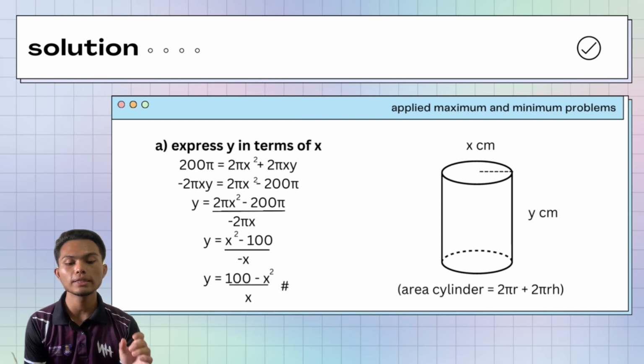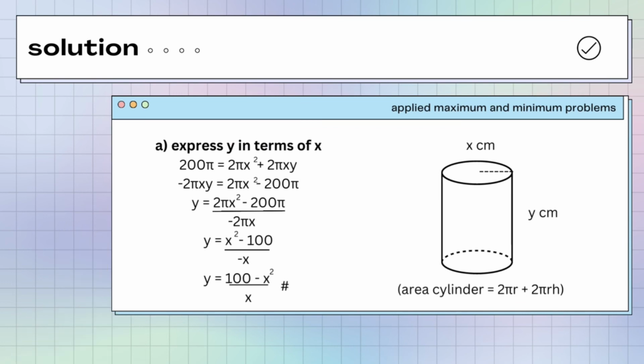We want to make y the subject, so we move terms and get negative 2 pi x y equals 2 pi x squared minus 200 pi. Dividing by negative 2 pi x, we get y equals x squared minus 100 over negative x, or equivalently y equals 100 minus x squared over x.